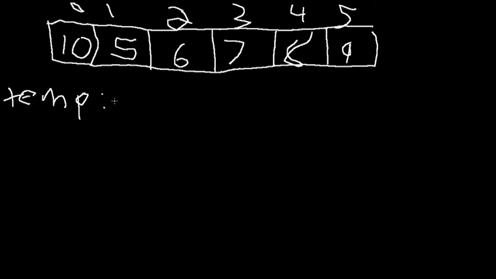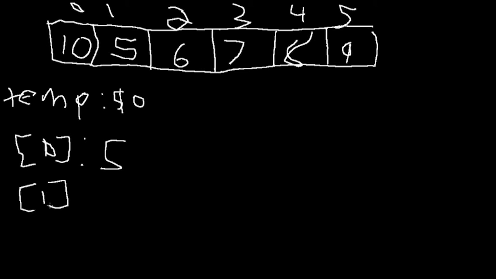Then it'll put 5 in index 0, so index 0 is equal to 5, and then it will store index 1 is equal to 10.